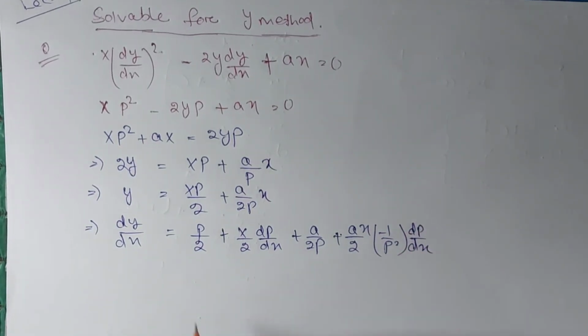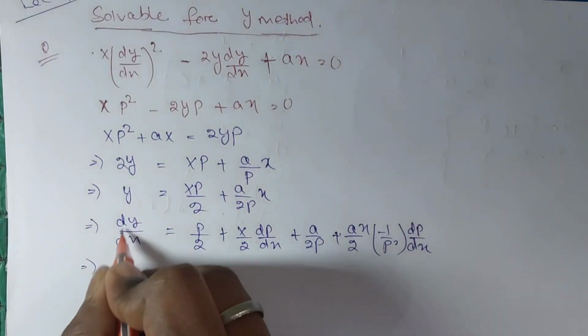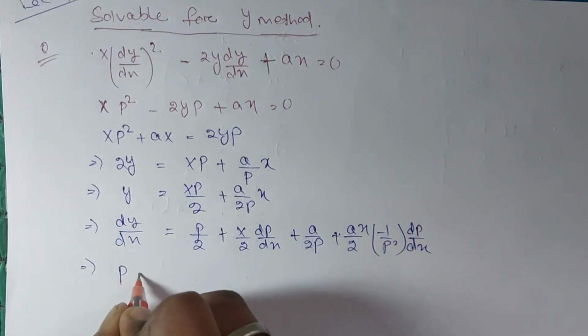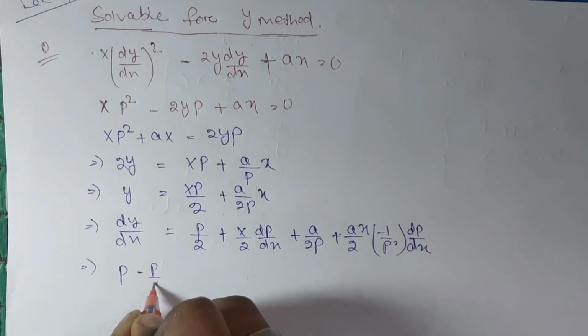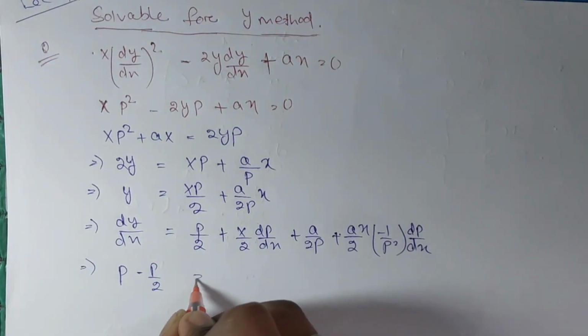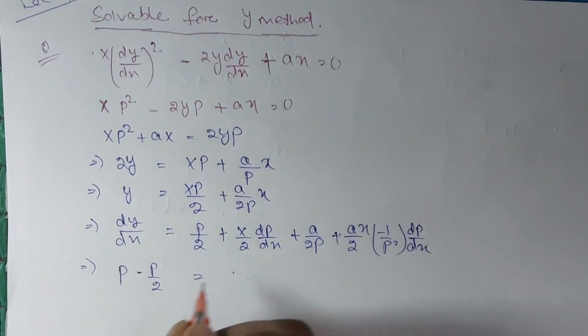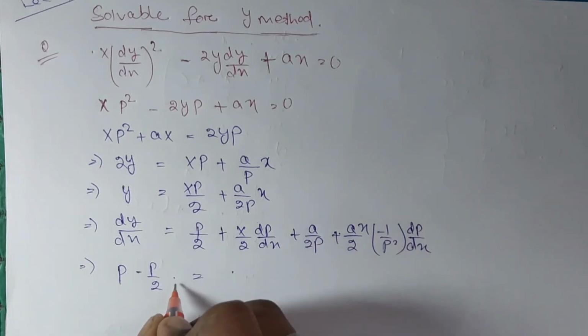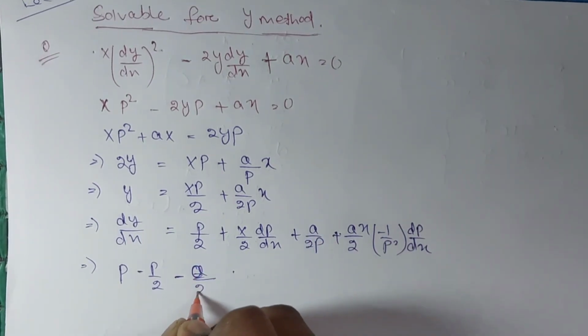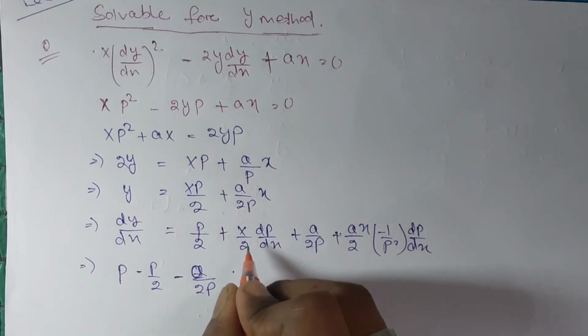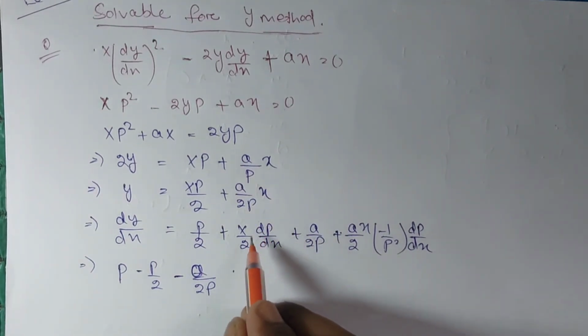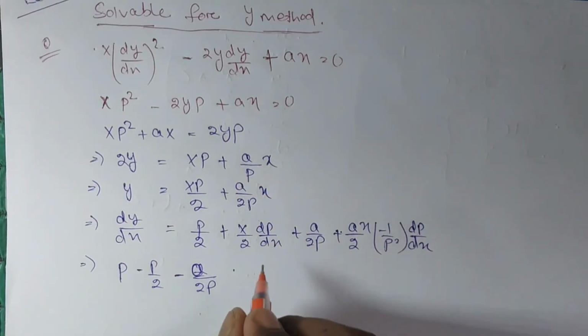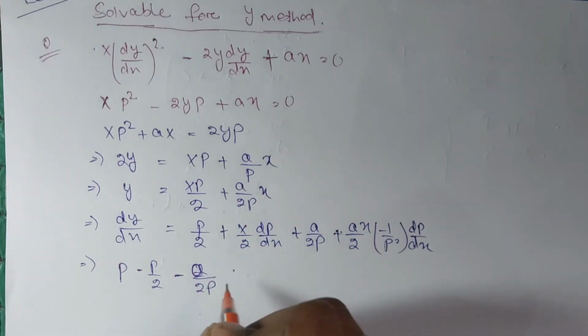Now dy by dx is nothing but our p, so p minus p by 2 minus 1 by 2p, and we separate the dp by dx term on one side and the other term on the other side.